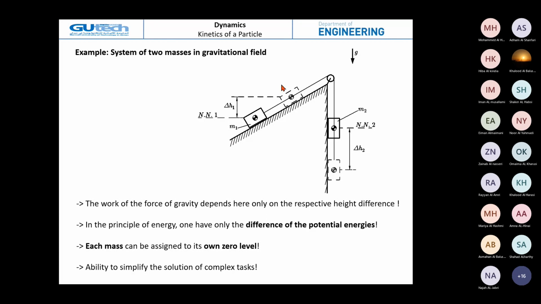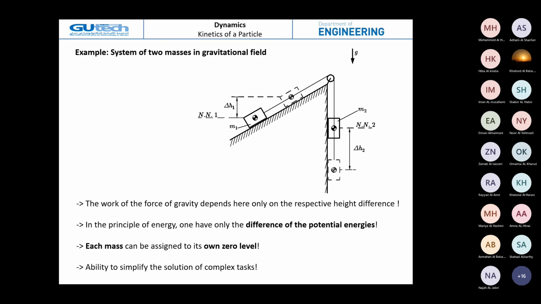For example, in this example we know the initial state, so we can take the zero level somewhere at this initial state. It will be complicated, not wrong, but complicated for the calculation. If you use the zero level somewhere here, it's moving, which means the zero level will move too.